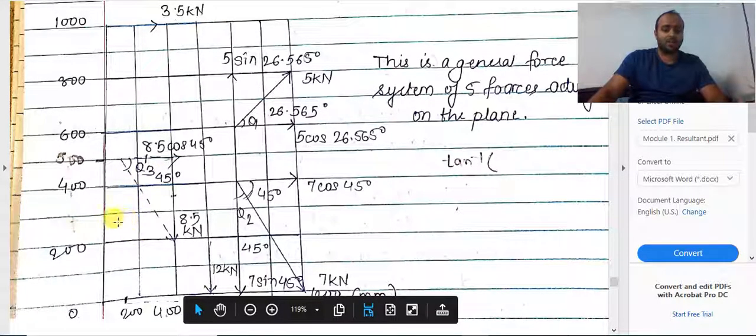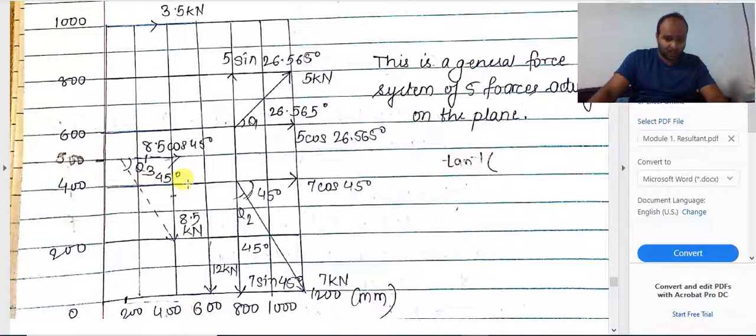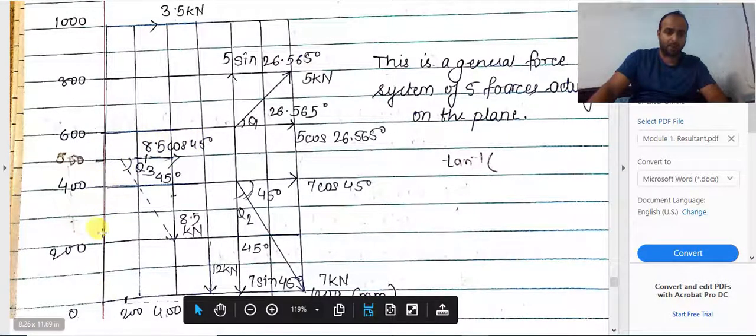Now, starting with it, 8.5 cos 45, since it acts towards right, if I keep my right hand thumb at point O and with the help of the first finger I try to rotate the 8.5 cos 45 force, it will definitely be rotating the body in clockwise sense. That is why in the equation it will be 8.5 cos 45 into 400.